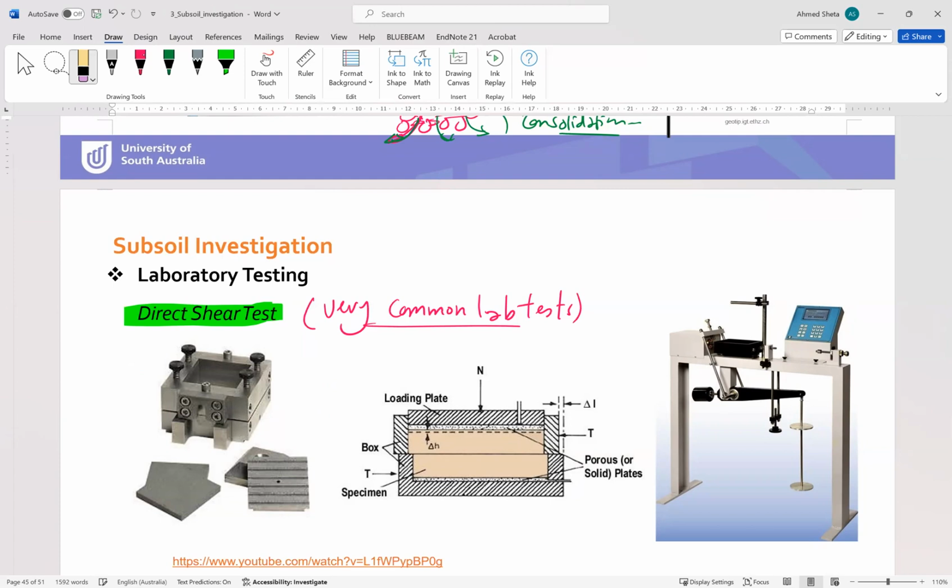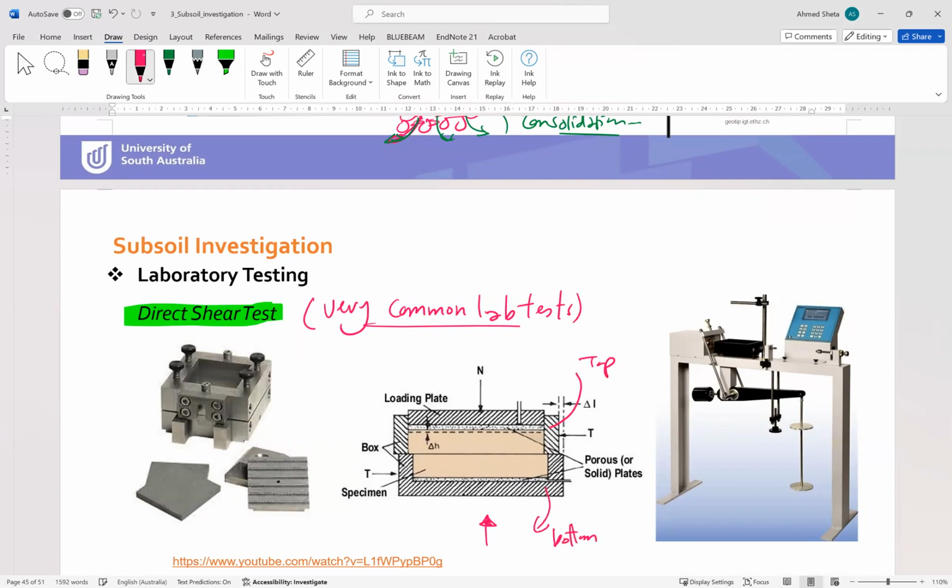We have seen this before, if you remember, and here is the sketch showing the testing procedure. So we have two parts of the test, top part and bottom half or bottom part.